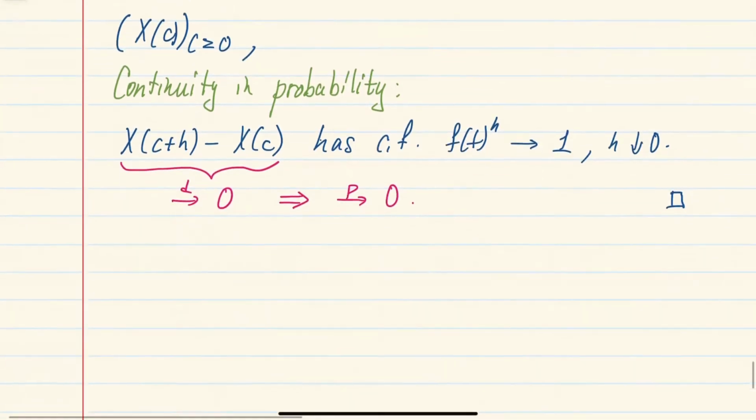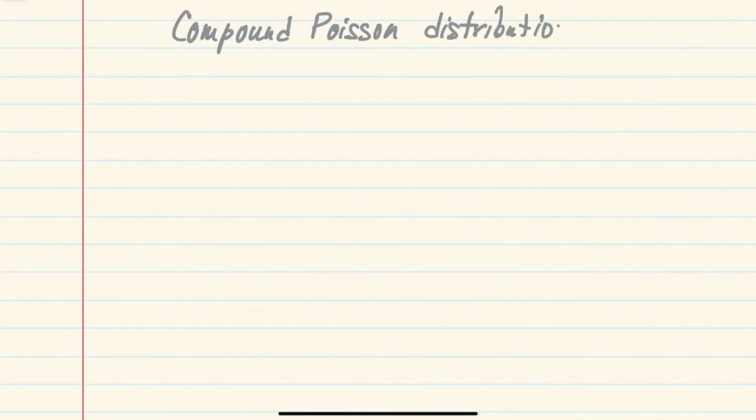So next we'll take a look at another family of infinitely divisible distributions called compound Poisson distributions, which are defined as follows.